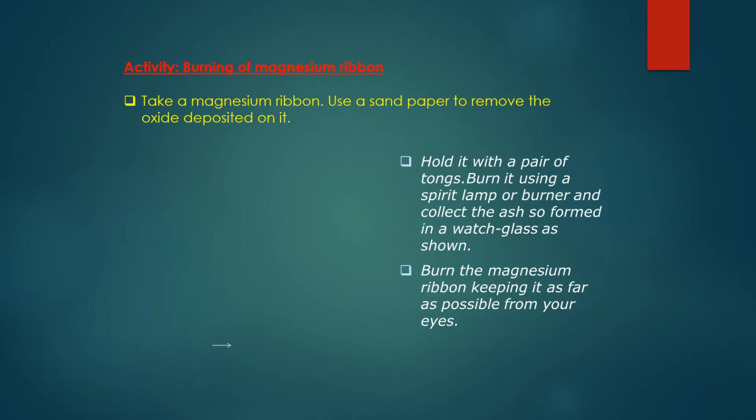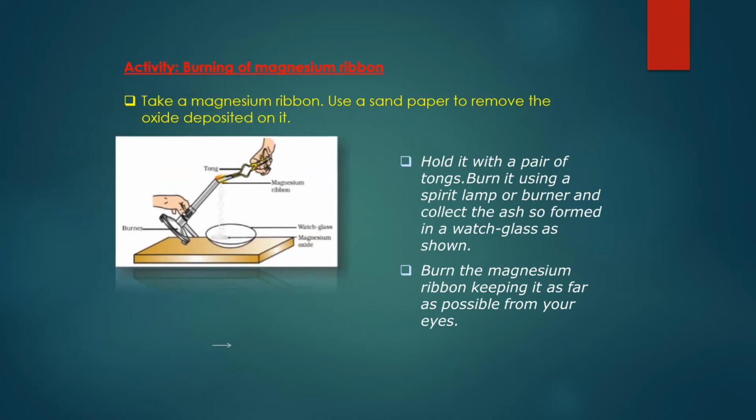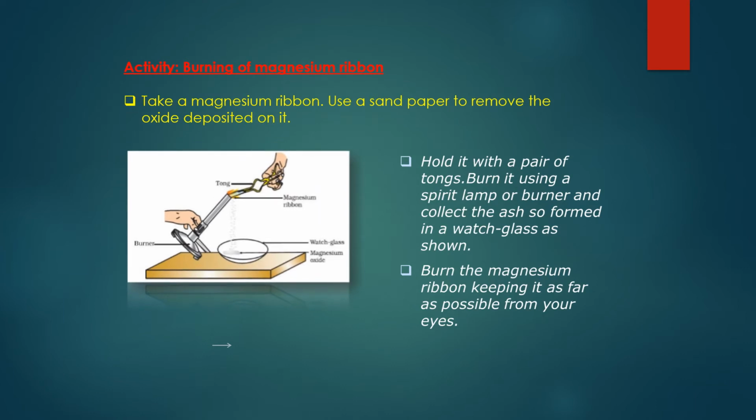Hold it with a pair of tongs, burn it using a spirit lamp or burner, and collect the ash so formed in a watch glass. You have to take the precaution of keeping the magnesium ribbon away from your eyes. What happens? We get magnesium oxide. The equation is 2Mg plus O2 giving 2MgO.